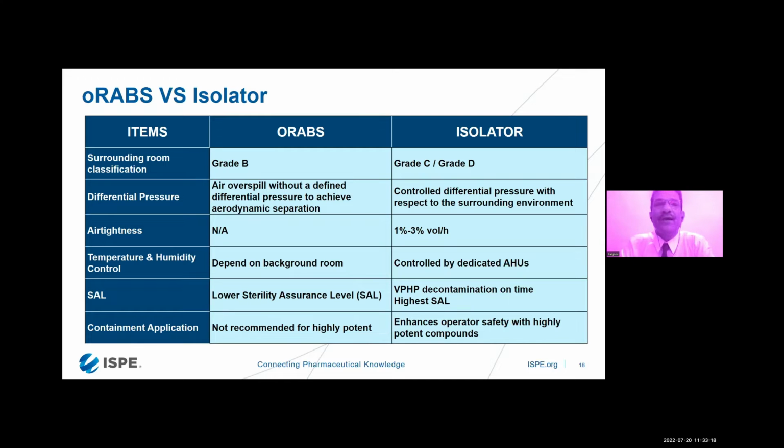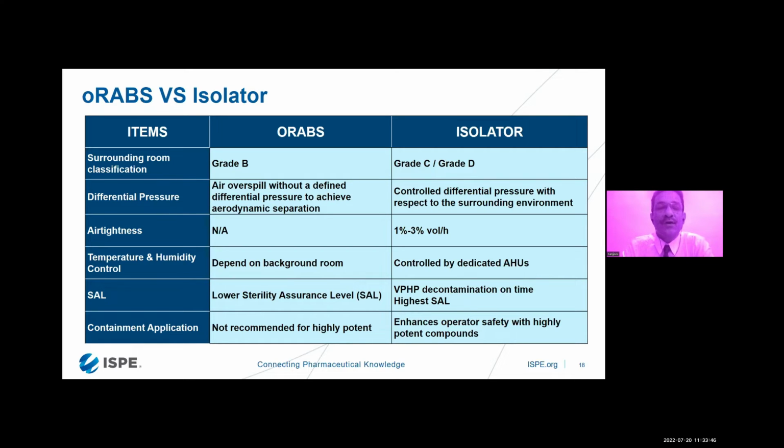Normally, when we look at the initial CapEx investment, you will find that the isolator lines are going to be more expensive compared to the ORABS line. And this is normally how the comparison is done. Has anyone seen what benefits you will have year on year in terms of your working capital?